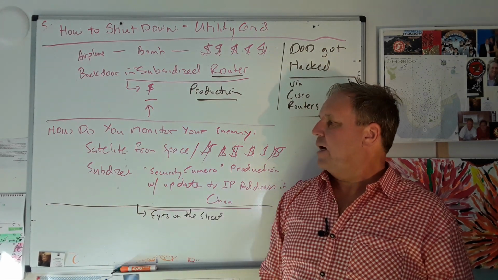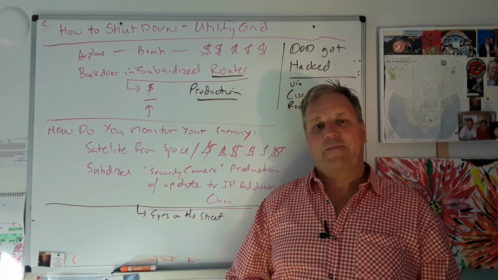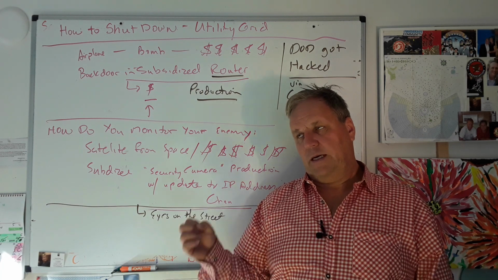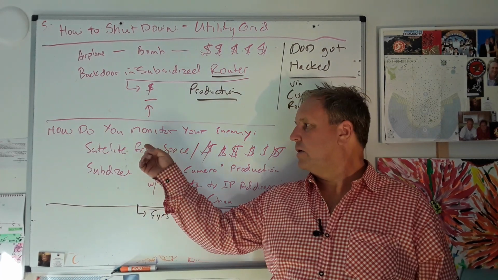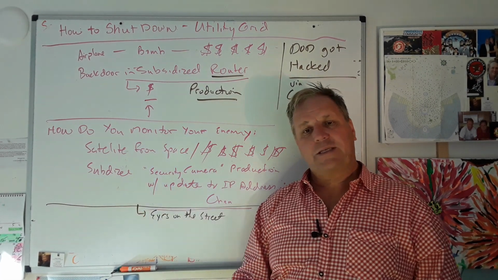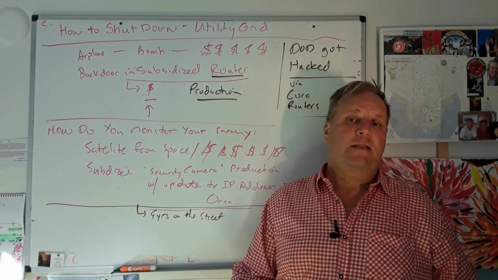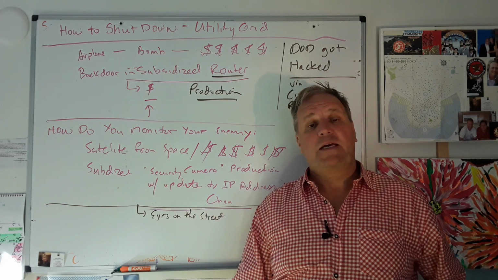Or how do you monitor your enemy? My good friend has a camera made in China, and he has a security camera, right? You can have a satellite-based thing, which costs a lot of money, or you can subsidize the camera production for internet security and have them update to an IP address in China.